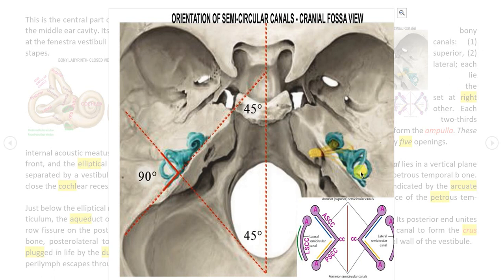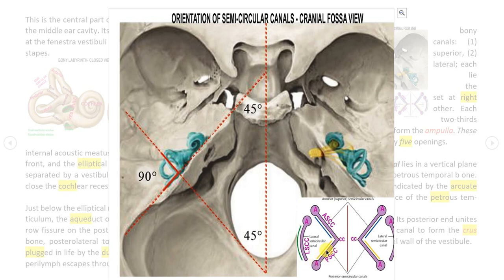So now focus on these semicircular canals. This is schematic diagram to show. This is right side, this is left side, this is right side, this is left side. So if you see here on left side, anterior semicircular canal is placed anterolaterally.